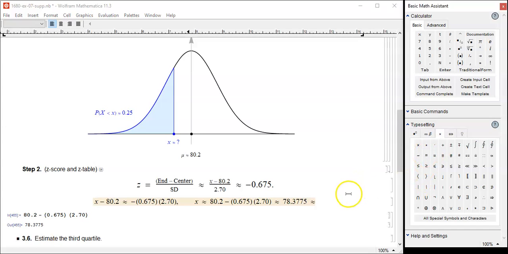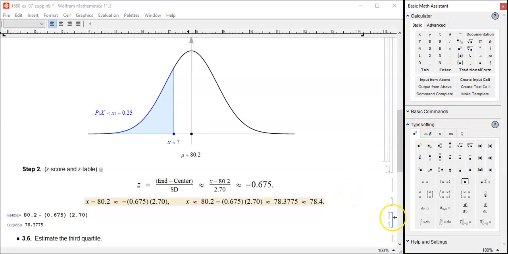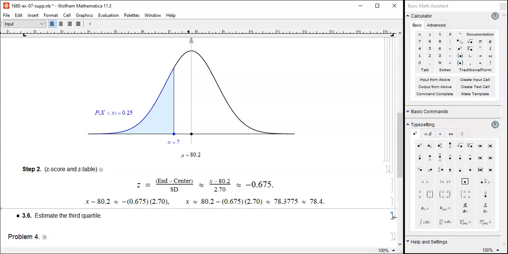So I'll estimate it as 78.4. Well, I did not specify how many decimal digits to take, so it's free. But the given problem is using the first decimal digit, so I used the first decimal digit in the final answer as well.